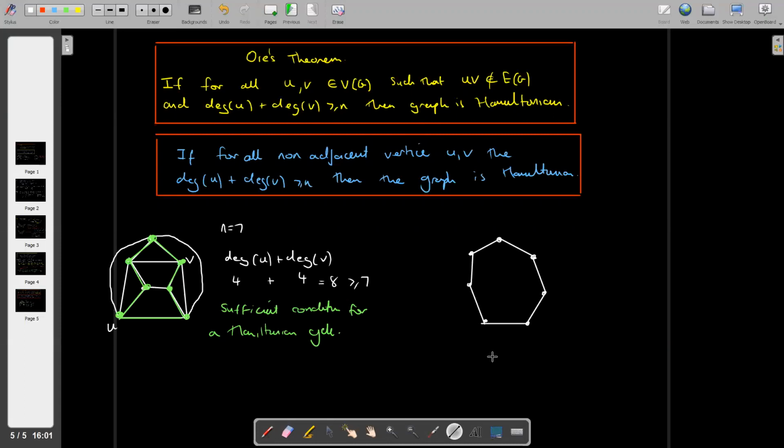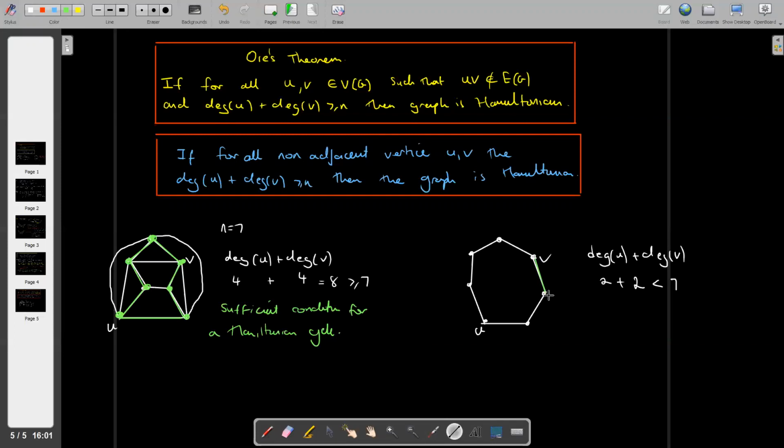And again, I'll have U and V being non-adjacent vertices, so maybe U there, V there. So here the degree of U plus the degree of V would be 2 plus 2. Well, clearly that's less than 7. But however, there's definitely a Hamiltonian cycle.